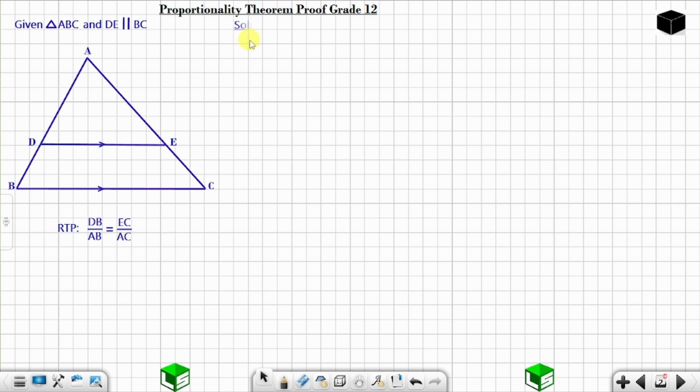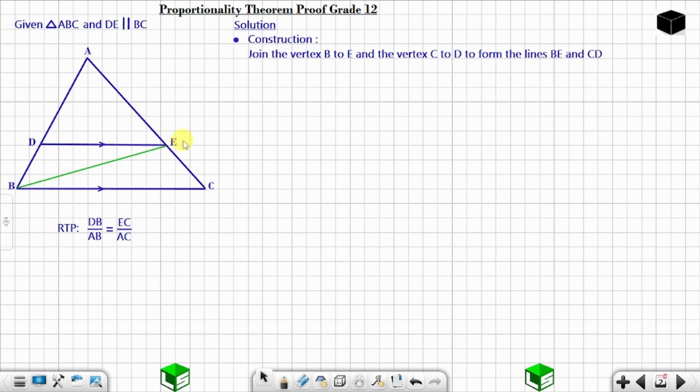Okay, solution. You are going to start with the construction. Join the vertex B to E and vertex C to D to form the lines BE and CD.